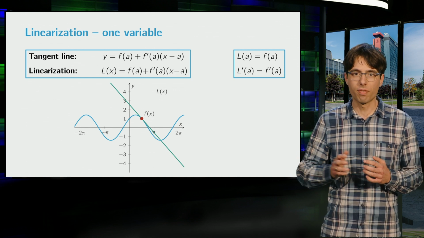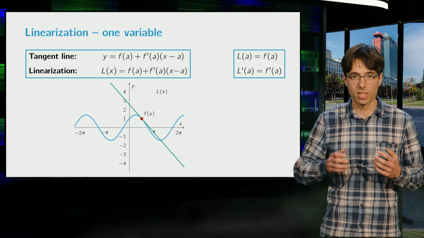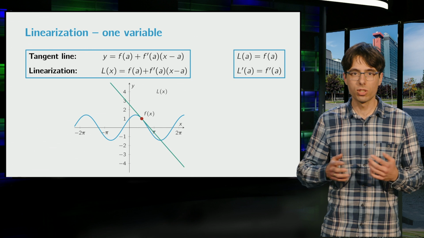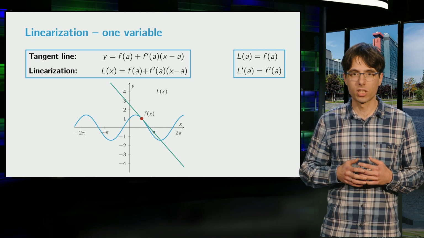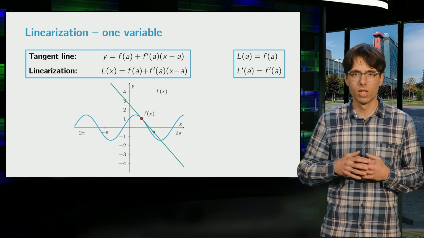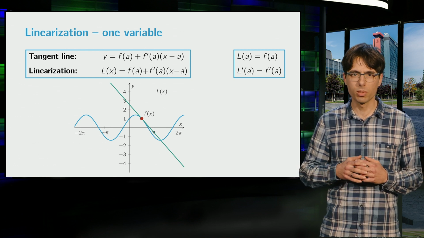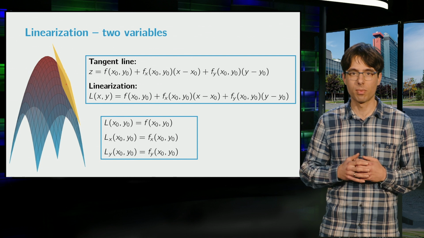This completely fixes the linearization since it is required to be a linear function. For values close to a, we found that the value of the linearization was a good approximation to the function values of f. For the case of two variables, we can do exactly the same thing.